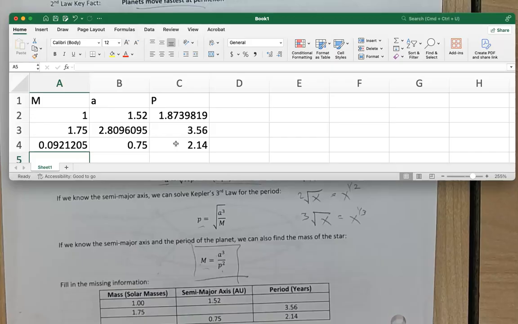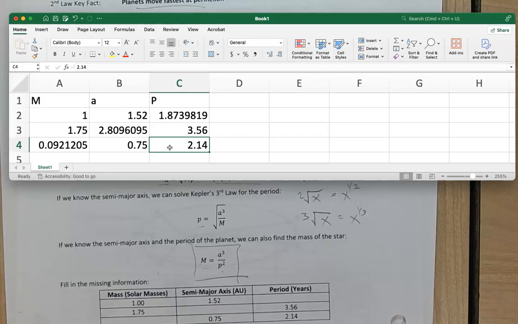Which makes sense, because if you're a planet orbiting closer to that star than the Earth is to the sun, and yet despite the fact that you're closer to the star, it still takes you 2 years to orbit that star one time. Like, that star must be so low mass.